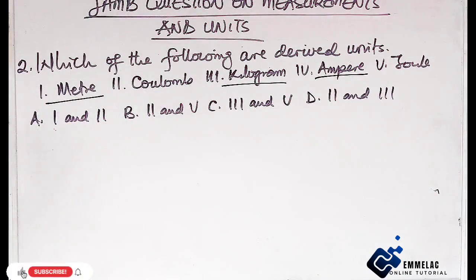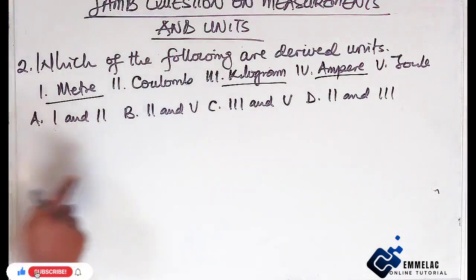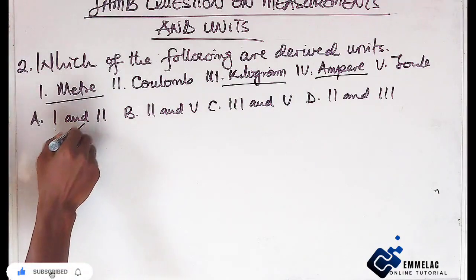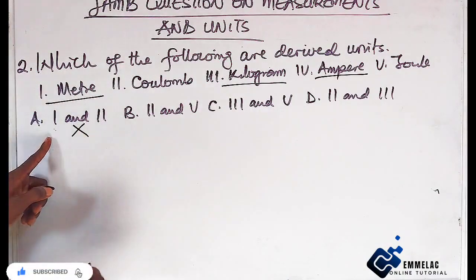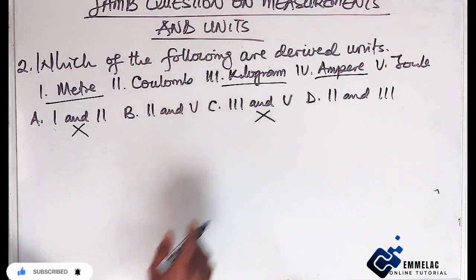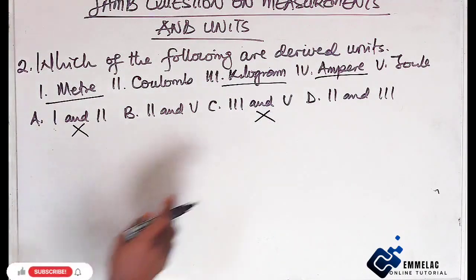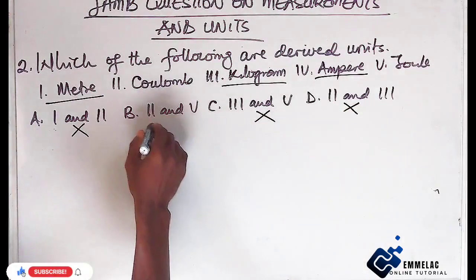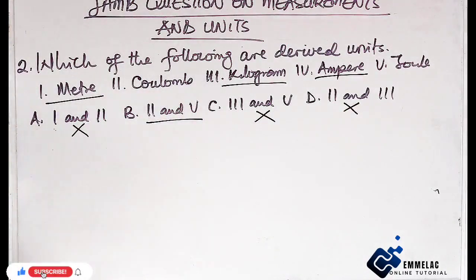Now to this end, from this option here, anyone that has 1, so out. Anyone that has 3, out. Okay, anyone that has 4. So within this, okay, this 1, 2, 3, automatically this should be the right answer.